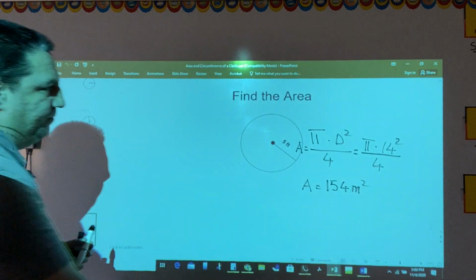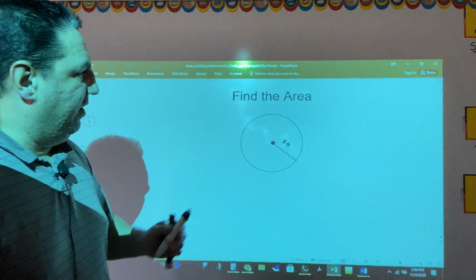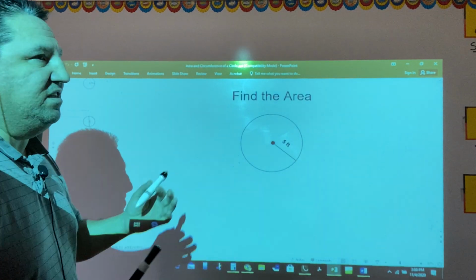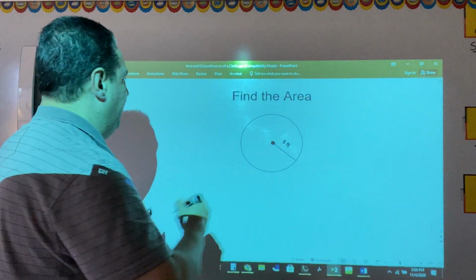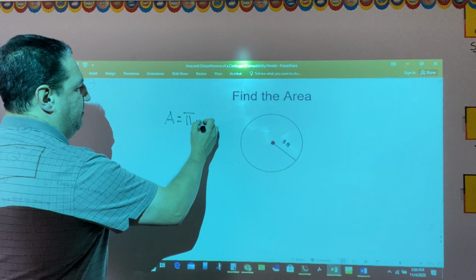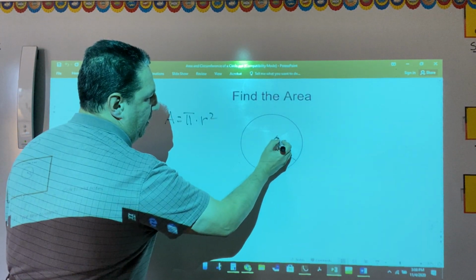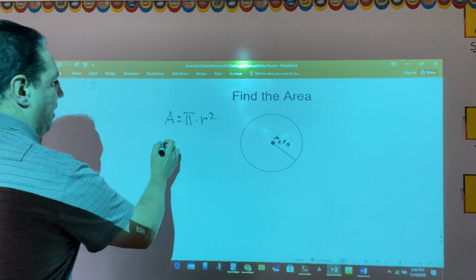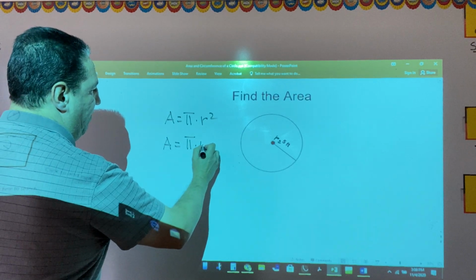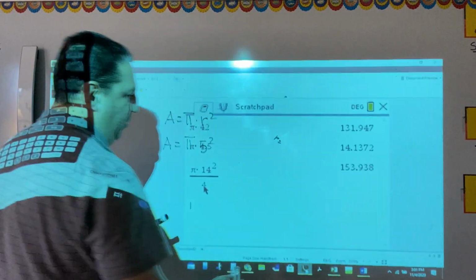Good. Another example. This time we have to find the area of a circle whose radius is given. In this case, we use the first formula. Area would be pi times r squared, where r equals 5 feet. So we replace r with 5, and we get pi times 5 squared. Again, we use the calculator.